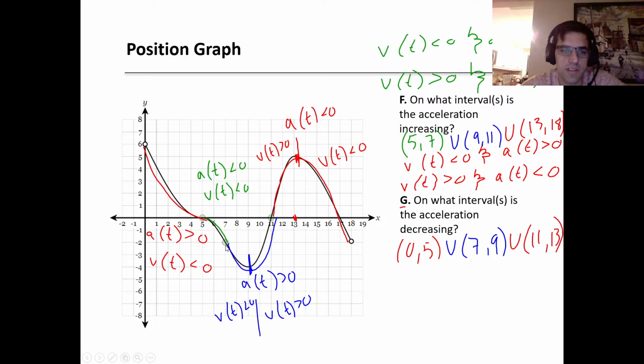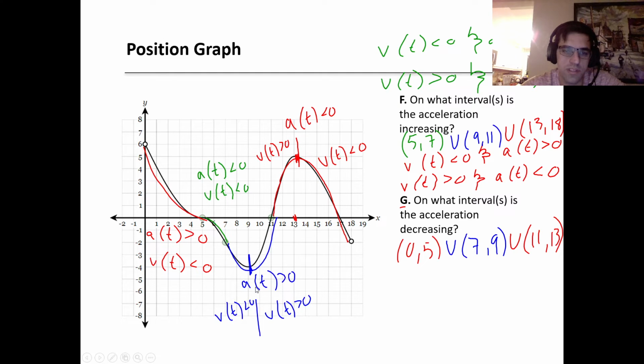And then we have an inflection point, so that means from 7 to 9, our acceleration switches. Our acceleration is now, concave upward is now positive acceleration. So from 7 to 9, we have positive acceleration, negative velocity, so this is decelerating.